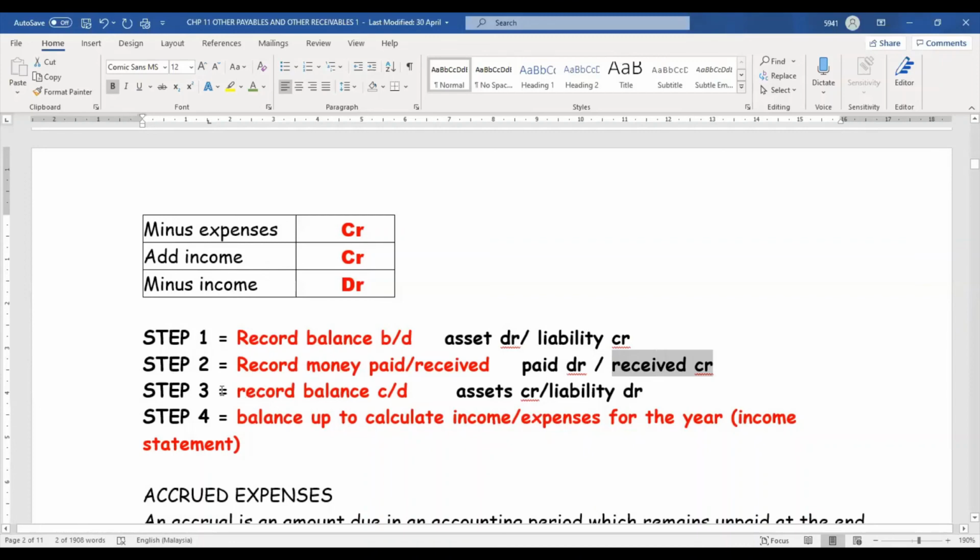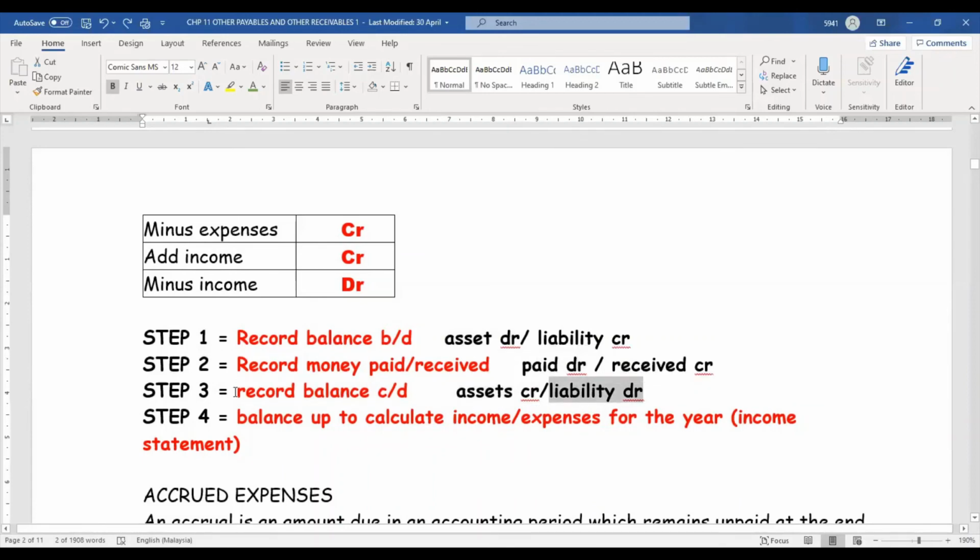Next one, step number 3, we record the balance CD. If you got any balance CD, we record. If it is asset, we record in the credit side. Just be clear, balance BD asset will be debit. Balance CD asset will be credit. Okay. Liability balance CD will be debit.